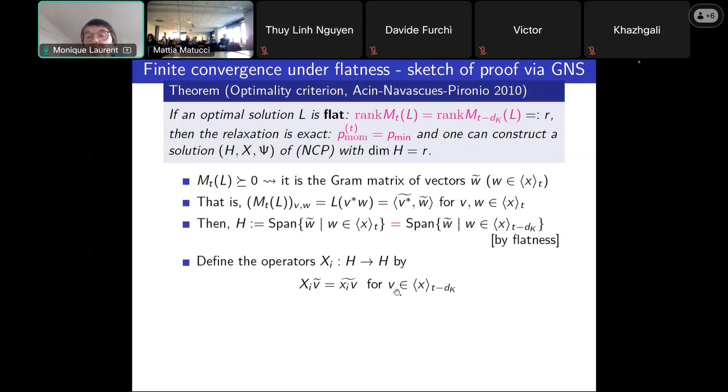If v is a word of degree at most t minus d_k, then the action of X_i on it will be: first you multiply the word with x_i, so you get a new word x_i v, and then you take its associated vector. This is well defined because v was of degree at most t minus 1, so x_i v has degree at most t. So it makes sense. This is the crucial part where we use the fact that H is spanned by vectors looking only up to degree t minus 1. This is why we can define this multiplication operator.